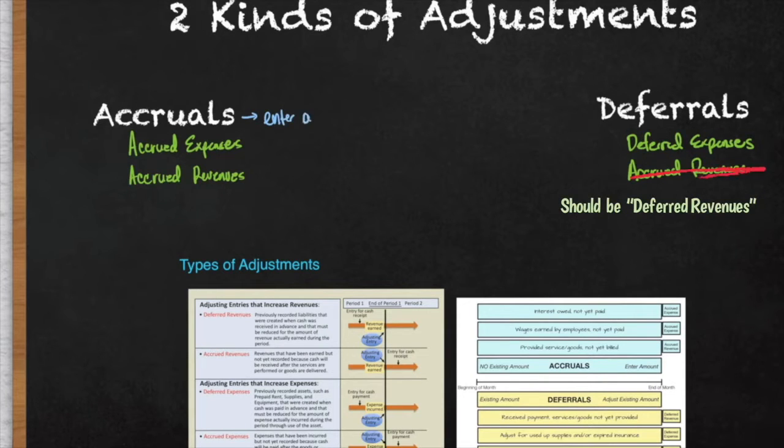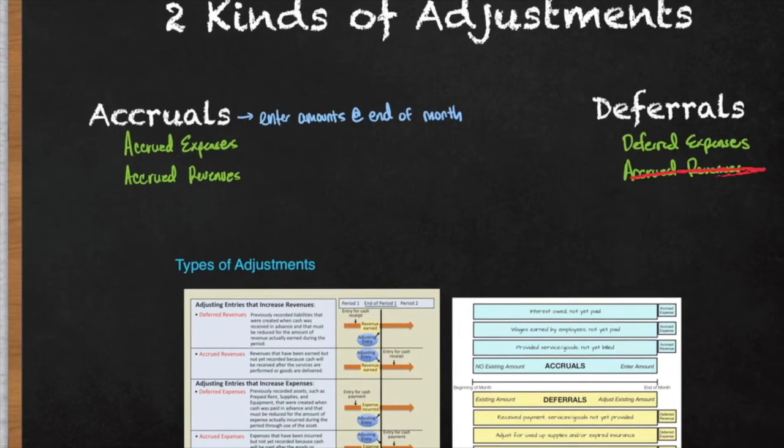Let's go over the difference between accruals and deferrals. Accruals, you enter amounts at the end of the month. So again, you enter amounts at the end of the month that were not existing during the month or during the accounting period.